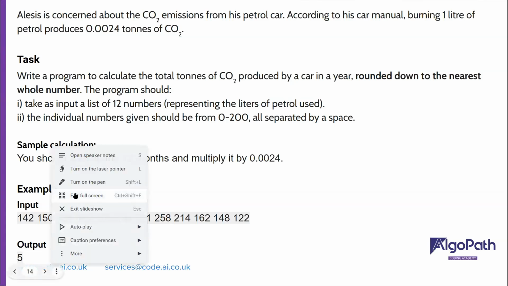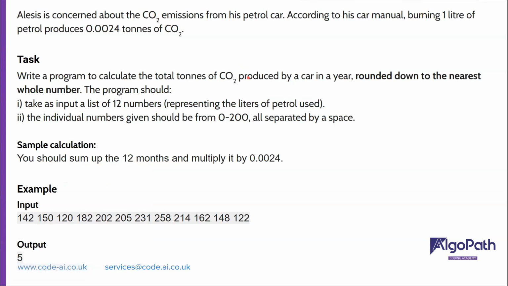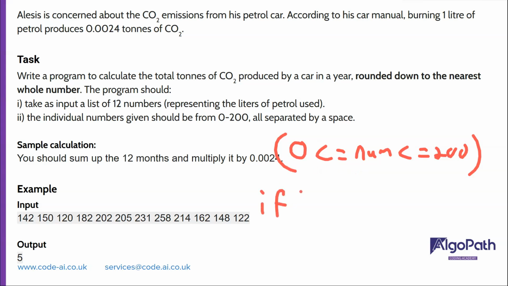So a way of doing that would be to have an if statement which essentially checks between the values. So it'd be something like this, and that will check to make sure that every number is between 0 and 200. Another check we could do is that the length of liters is equal to 12.